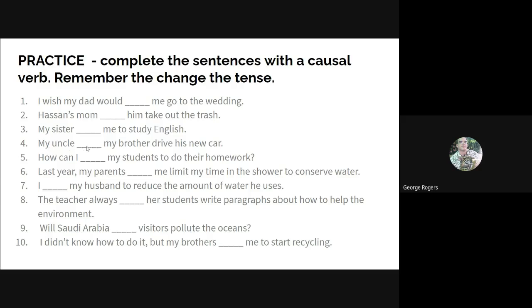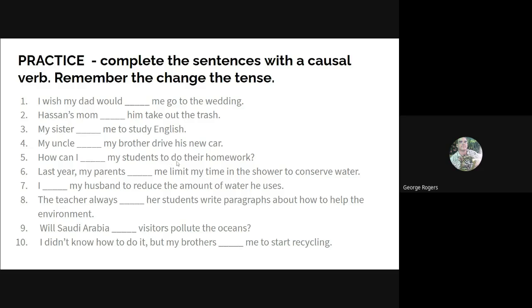My uncle blank my brother. And so drive is the base verb. So there's no to in front of that. Number five, how can I blank my students? And here, to do. So we have do, and so the to is in front of the base, to do their homework.